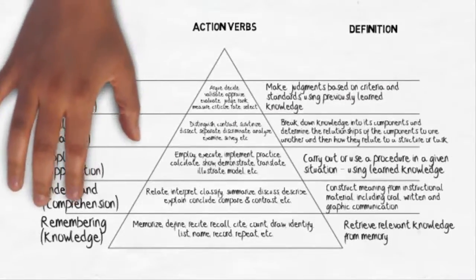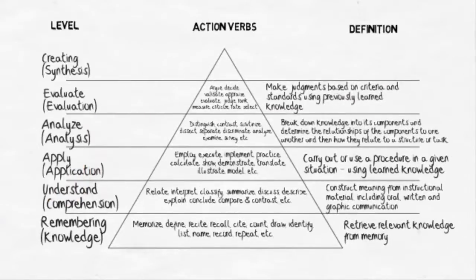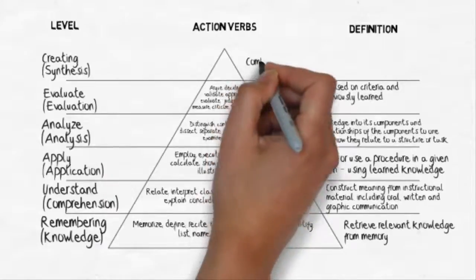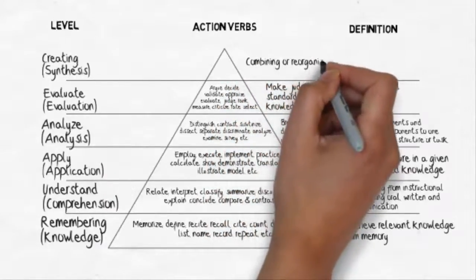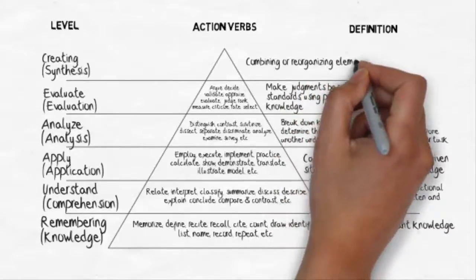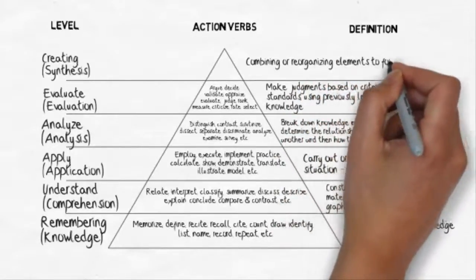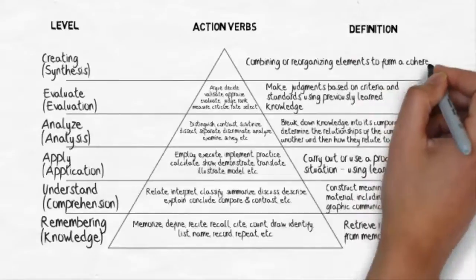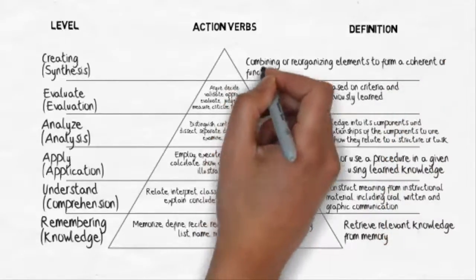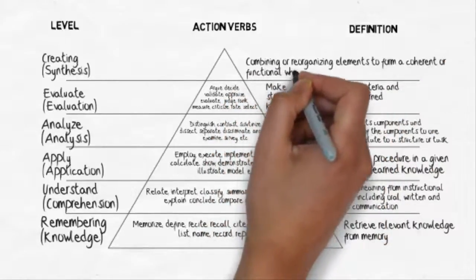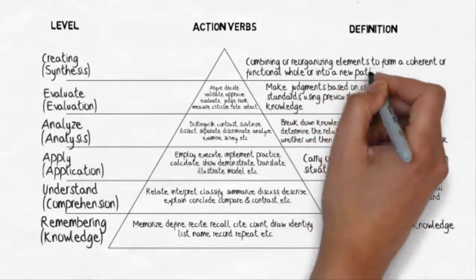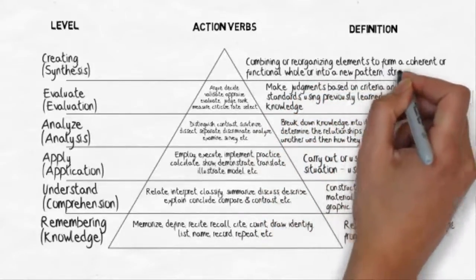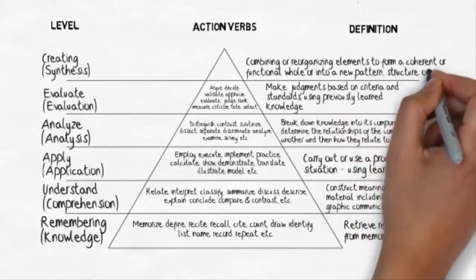Now, at the final level of Bloom's taxonomy, the top level, it's about creating or synthesizing. And here we're asking students to literally combine or reorganize the various elements that they've been taught to form a coherent or more functional whole. Or, the other thing is that you could ask them to put this into a new pattern or a structure or an idea that is sort of uniquely theirs.